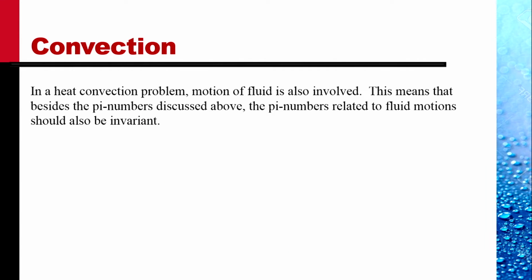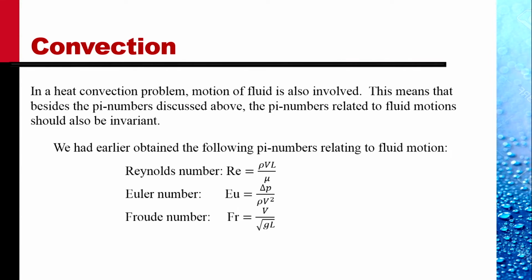Let's apply this law approach, or the scale factor approach, to problems in convection. In a heat convection problem, the motion of the fluid is also involved. This means that besides the pi numbers discussed above that related to thermal transfer rates, the pi numbers related to fluid motion should also be invariant in a convection problem. We had earlier obtained the following pi numbers related to fluid motion.